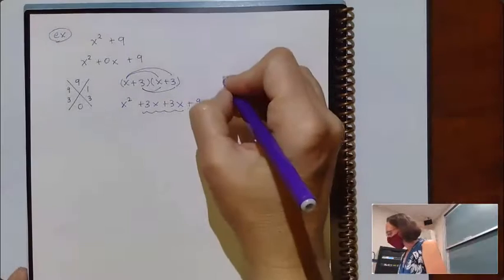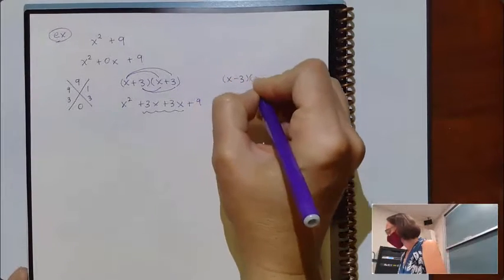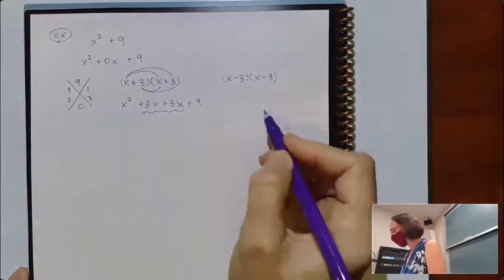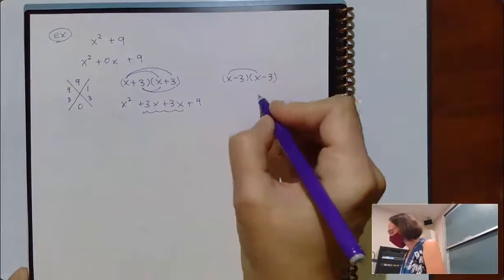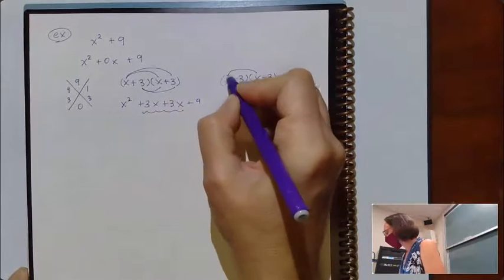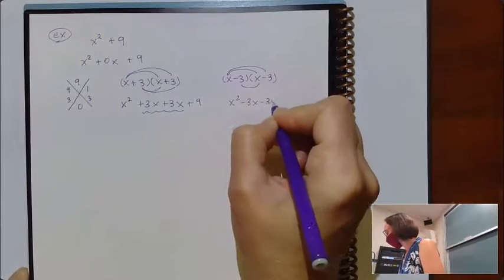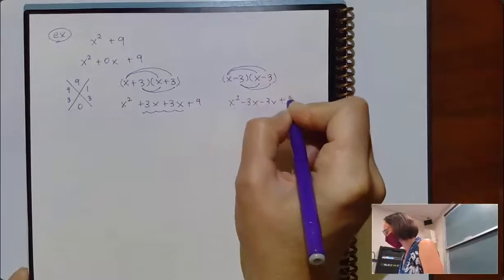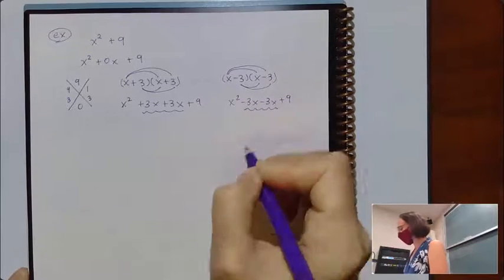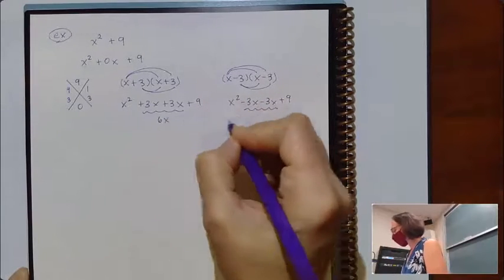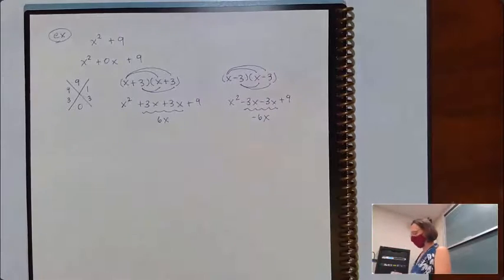And even if we checked x minus 3 times x minus 3, and we did the same multiplication out, I'm going to end up with x squared minus 3x minus another 3x plus a 9. So again, those middle terms, they don't magically give me a 0.